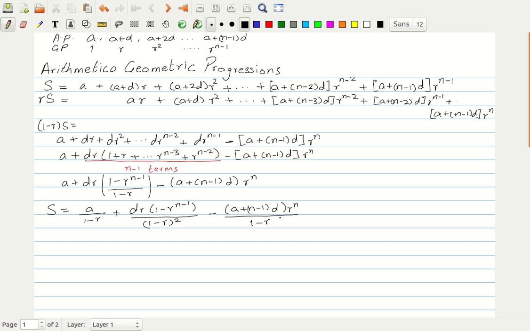So, this is how we can find the sum of an arithmetico-geometric progression of n terms. This is the formula for the sum of n terms.